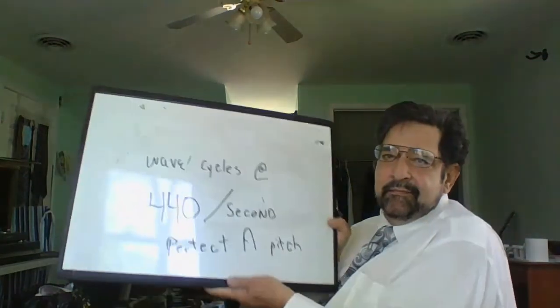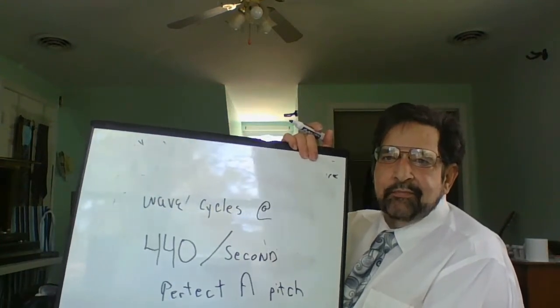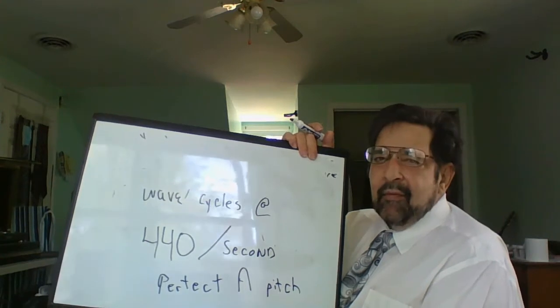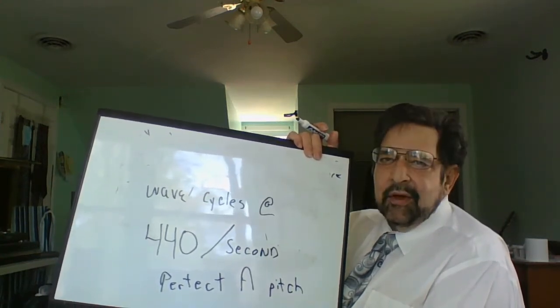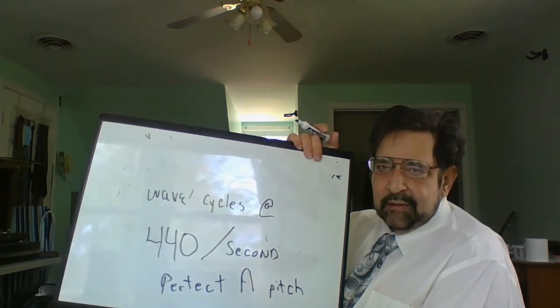All right? So that's pretty simple, don't you think? A perfect 440A is a wave flying through the air that's cycling at 440 times per second.